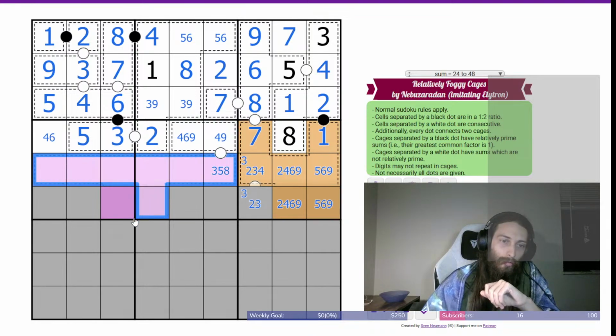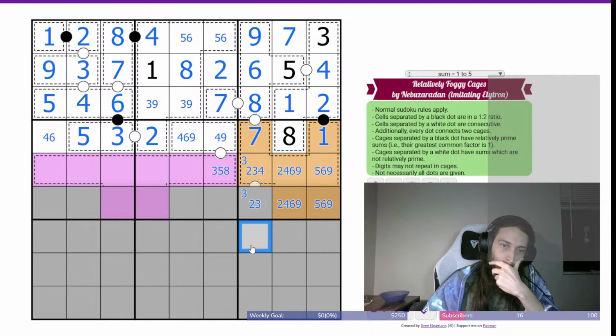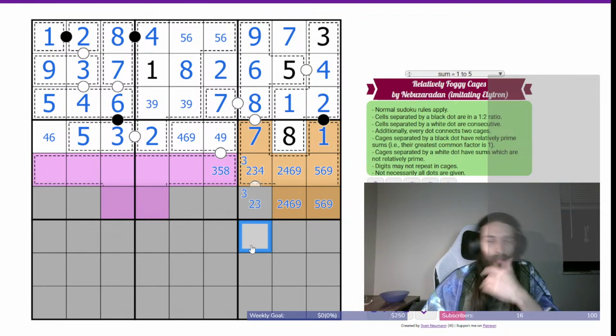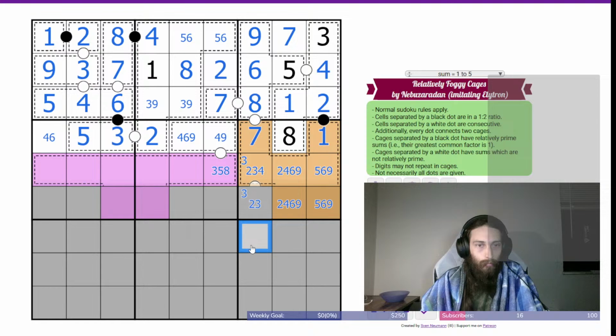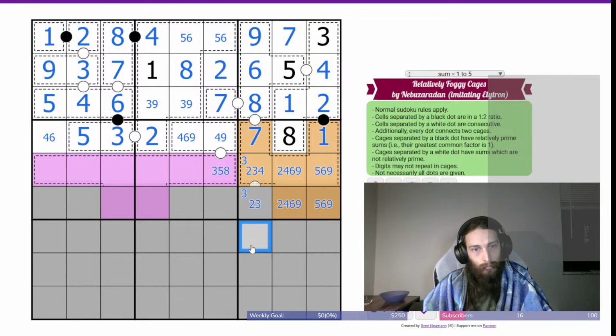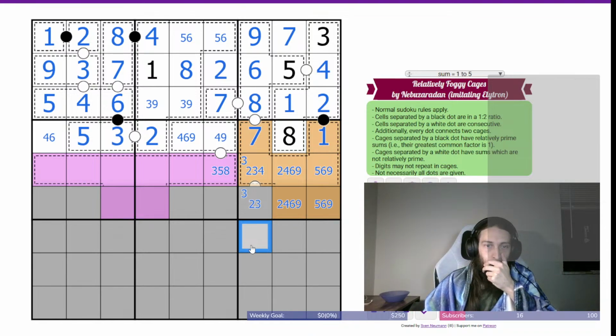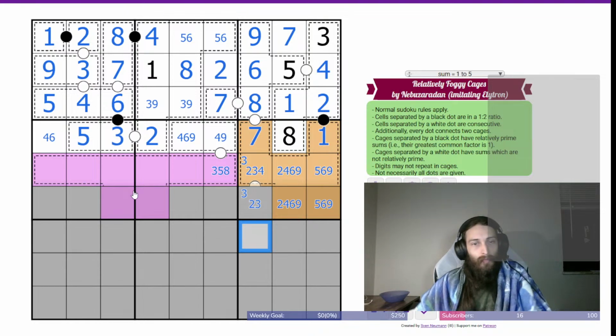But if it's 15, then I can go to 45. 13 would force 39, which would mean it doesn't have a 6. Wow. What am I missing?